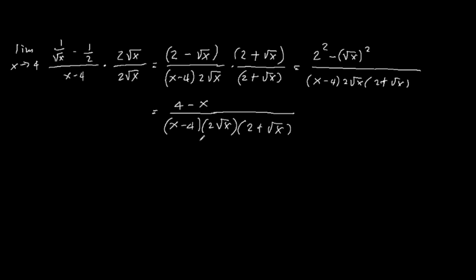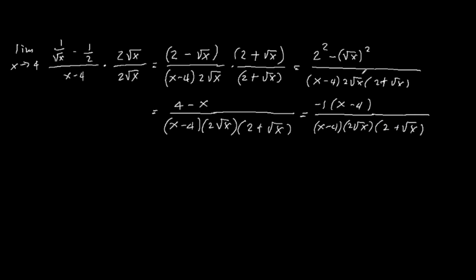And then 4 minus x over x minus 4 is almost the same, except we extract a negative sign, so negative 1, and always the first term should be in variable form and the second term should be a constant, so x minus 4 divided by x minus 4, then 2 square root of x times 2 plus square root of x.